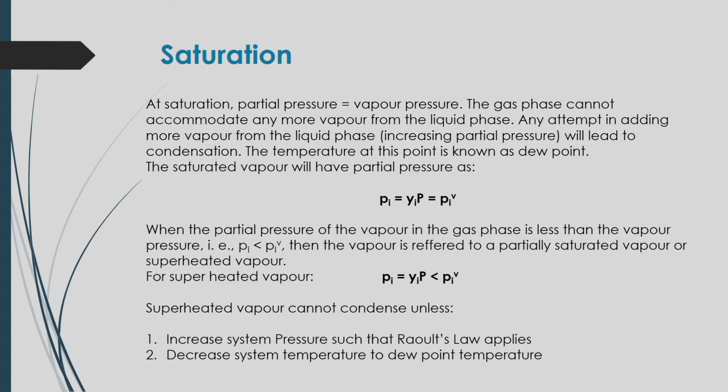Any attempt to add more vapor increases the partial pressure, which may lead to condensation. As you keep adding vapor, the partial pressure keeps increasing, and when the partial pressure becomes equal to the vapor pressure, the solution is saturated with that vapor component.